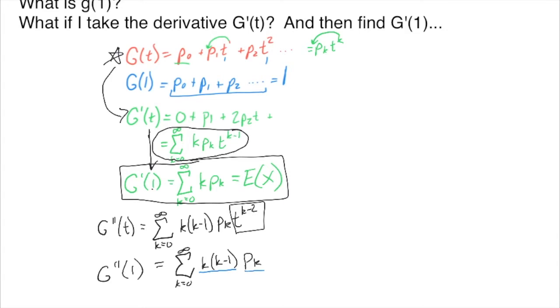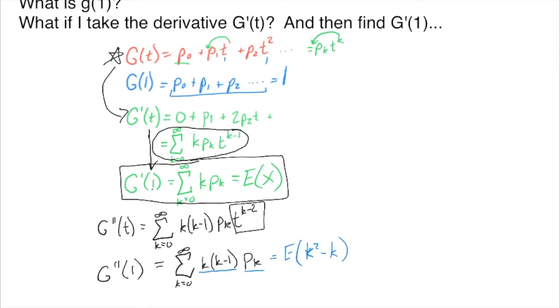So what we've got here then is the expected value of k times (k minus 1), or in other words, k squared minus k, right?